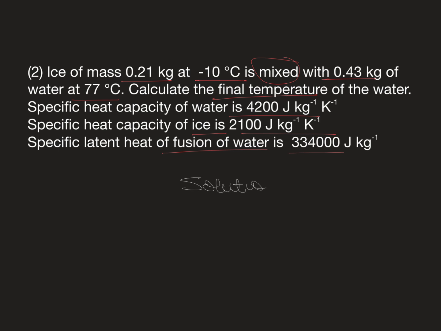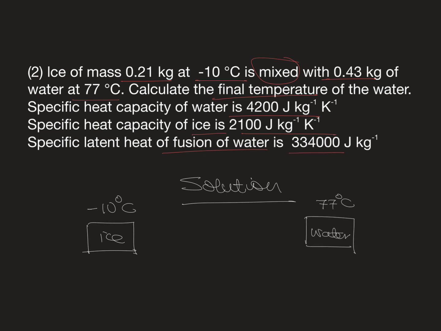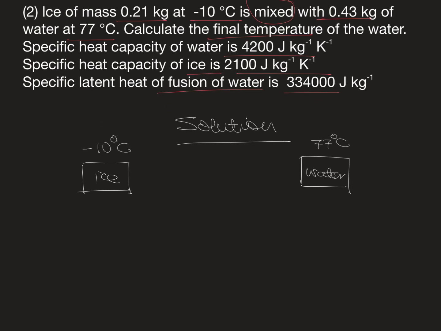We have ice that is initially at minus 10 degrees Celsius, and we have water that is initially at 77 degrees Celsius. These two substances were mixed. So what is going to happen?